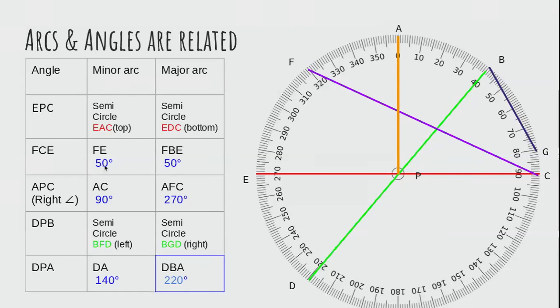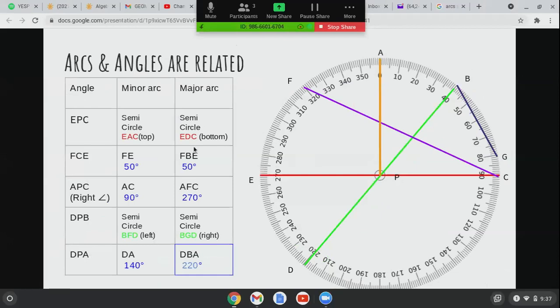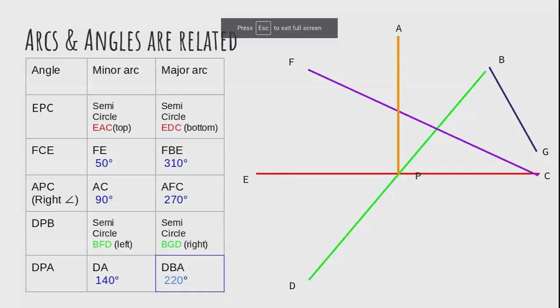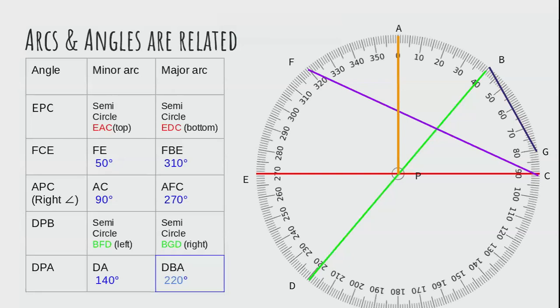Then here, this can't be right because the 2 should total 180 degrees. So if the distance from F to E is 50 degrees, then the major arc should have been 310 degrees. Because the measure of the minor arc plus the measure of the major arc is the entire circle.